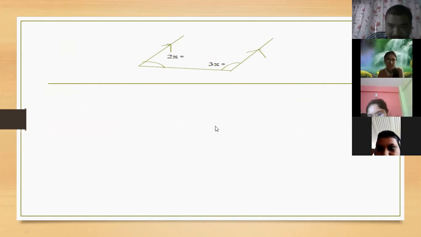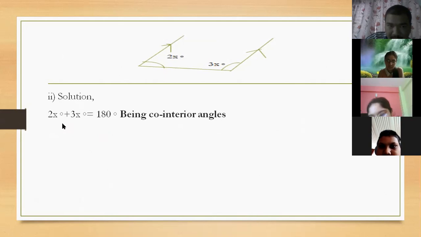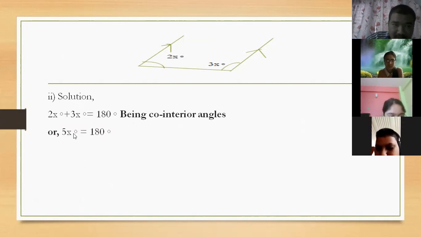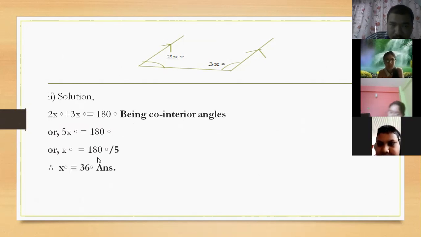Then their sum will be 180 degrees. So 5x equals 180 degrees, and x equals 180 by 5. When you divide, you will get the value of x as 36 degrees. Are you clear, children, about this question solution?